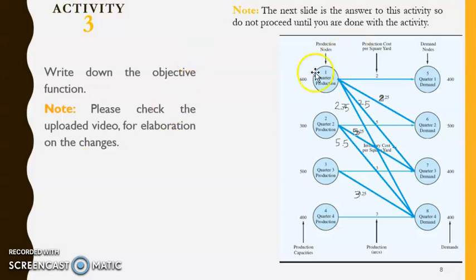And pay attention. For example, if you are writing the decision variable x16, the associated cost is $2.25. Pause the video, write the objective function before you check the answer with the video soon.